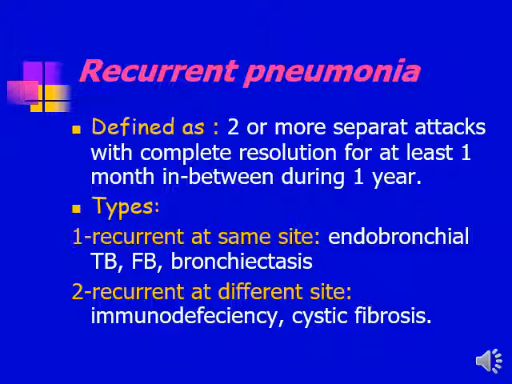This means that there is endobronchial TB, endobronchial foreign body, or bronchiectasis, which means that my lung tissue is not healthy, so I am more vulnerable to infection. Or the second cause is recurrence at a different site, which means that my total immunity is not okay. It's not about the lung tissue, it's about my whole immunity, in a patient with immunodeficiency or cystic fibrosis.